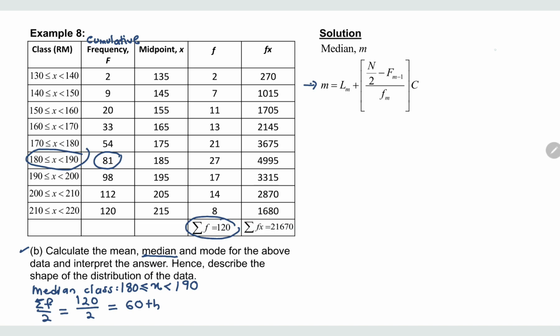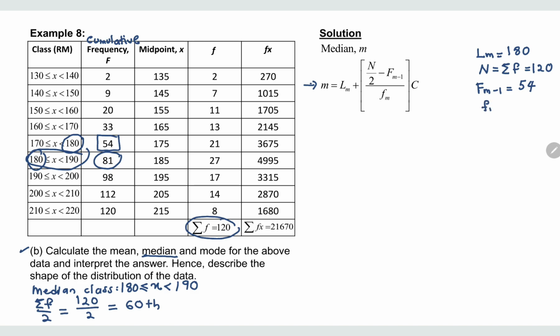First, we must find Lm, the lower boundary of the median class, which we can take from 180 plus 180 divided by 2. So the value is 180. Next, the value of n, which is equal to the summation of f, which is 120. Next, Fm minus 1 is the cumulative frequency before the median class, which is 54.